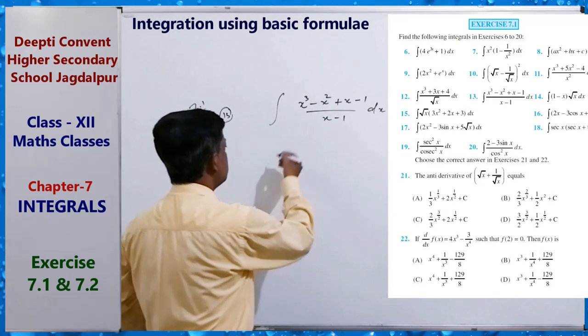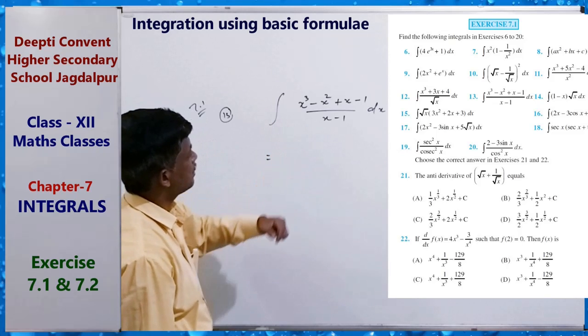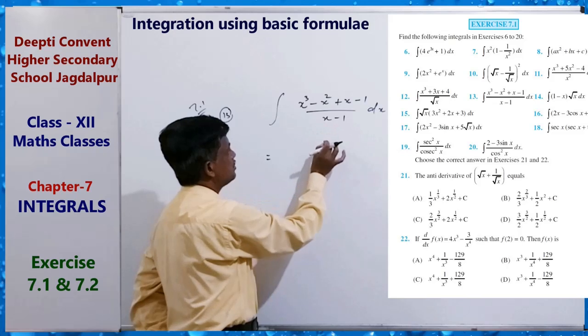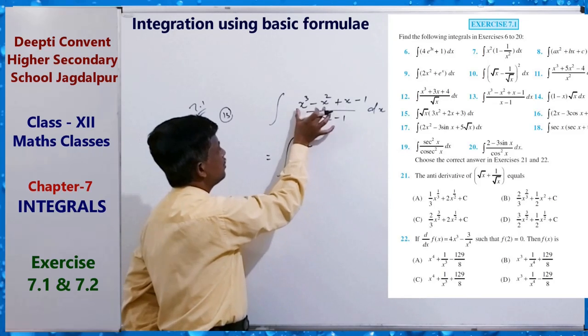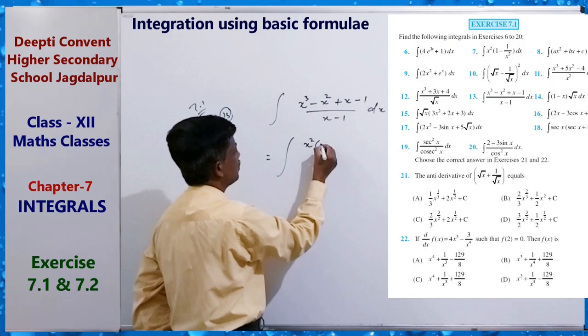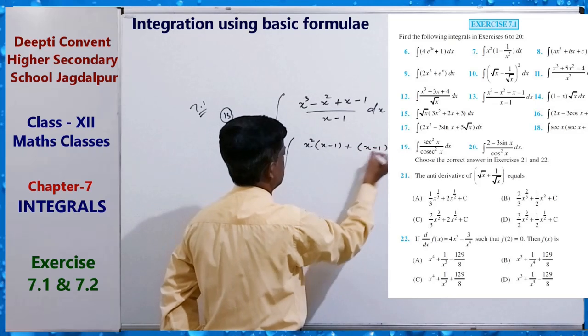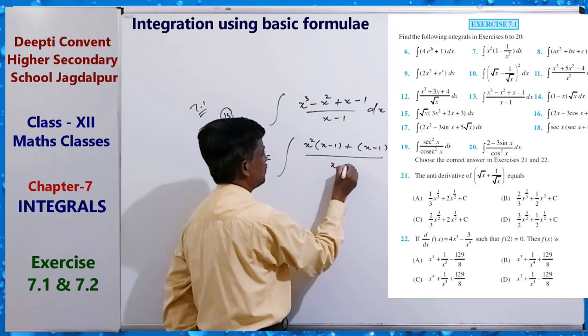Here you can see that the numerator is divided into two portions. From here we can take common x square, then x minus 1, plus x minus 1, upon x minus 1, dx.